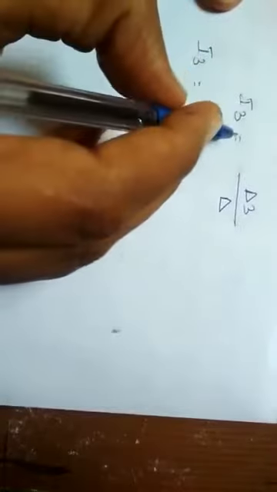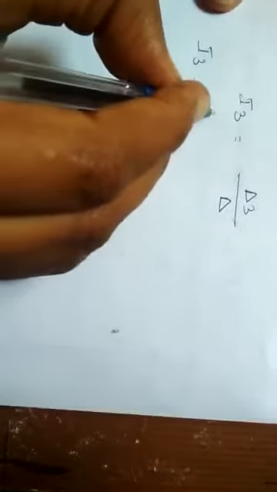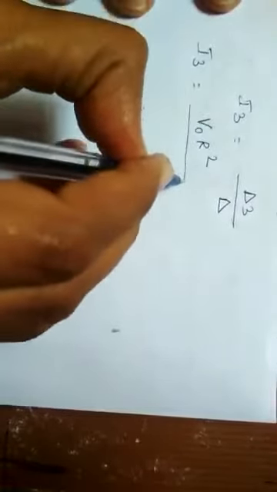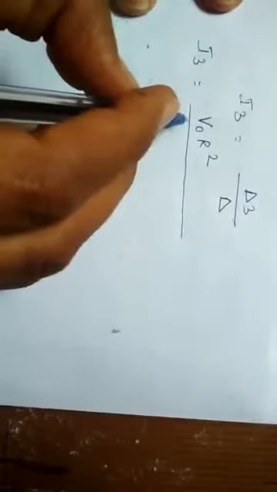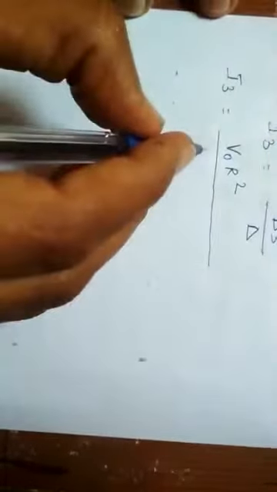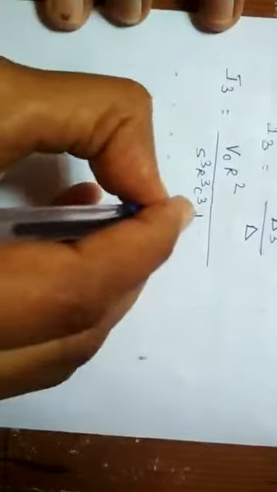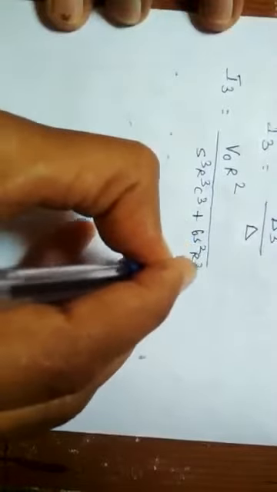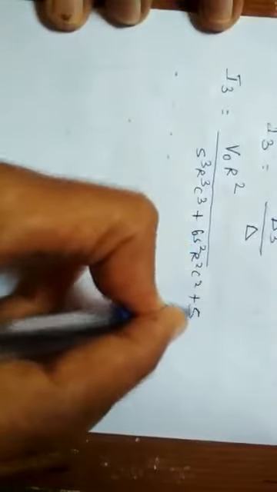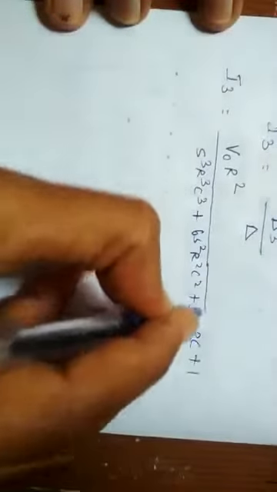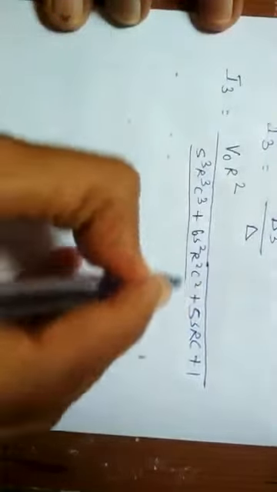Substituting the values for del 3 and del, we have I3 equals, for del 3 it is V out into R squared, which we have derived, and for del we have already derived S cube R cube C cube plus 6S squared R squared C squared plus 5 SRC plus 1, divided by S cube C cube.